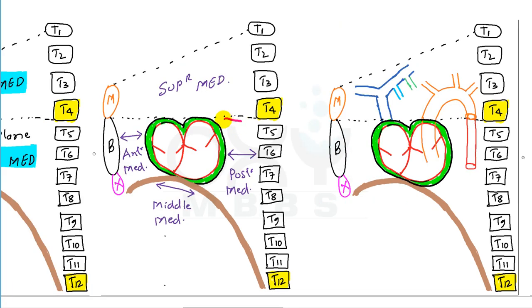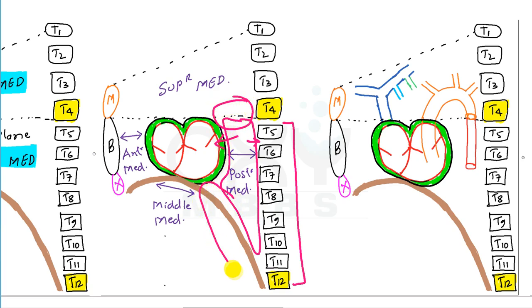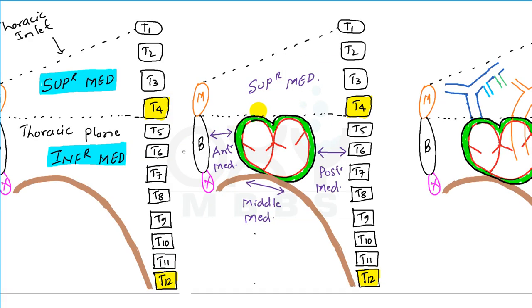Now coming to posterior mediastinum, its anterior boundary is the pericardium, posterior boundary the T5 to T12 thoracic vertebrae, superiorly the thoracic plane, inferiorly the diaphragm, and on the sides obviously the pleurae of the lungs. Now coming to the boundaries of the middle mediastinum. Anteriorly this one is the posterior surface of the sternum.